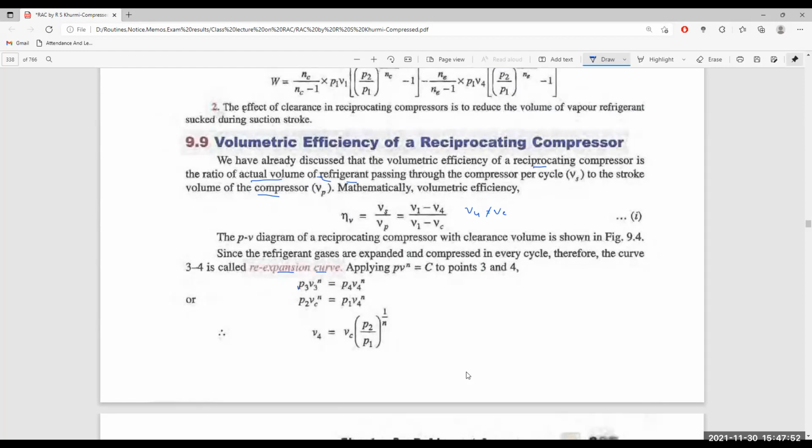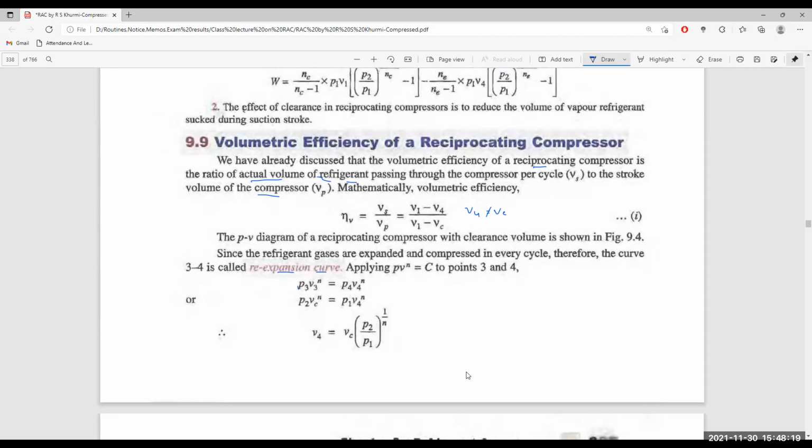Now, PV to the power n is equal to constant at points 3 and 4, so P3 V3 to the power n is equal to P4 V4 to the power n, where P2 is the pressure at the beginning of discharge and V3 is the clearance volume Vc.